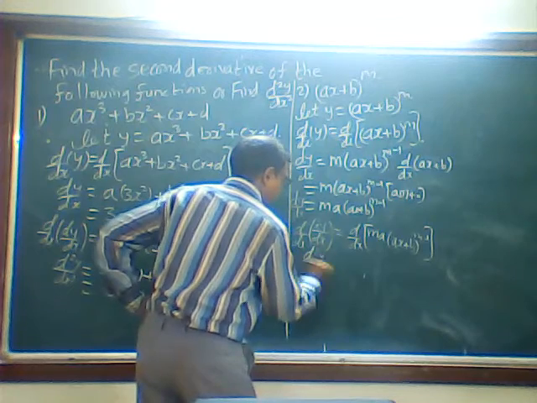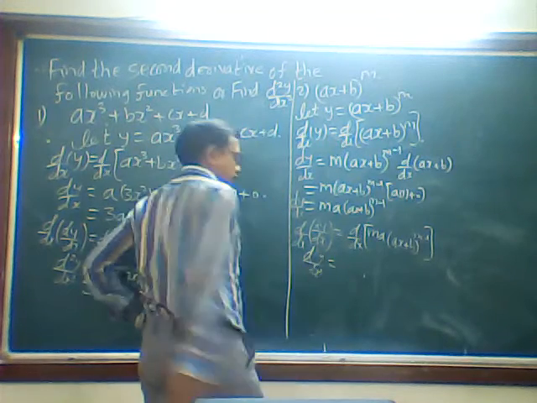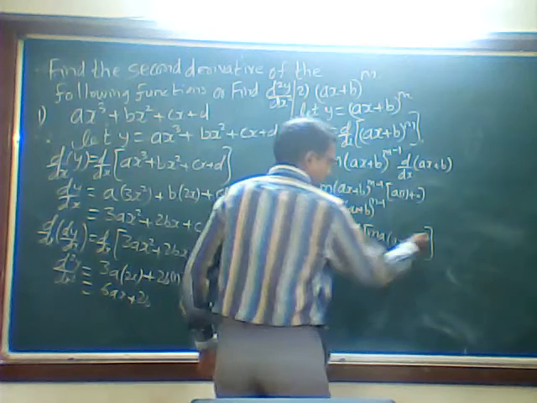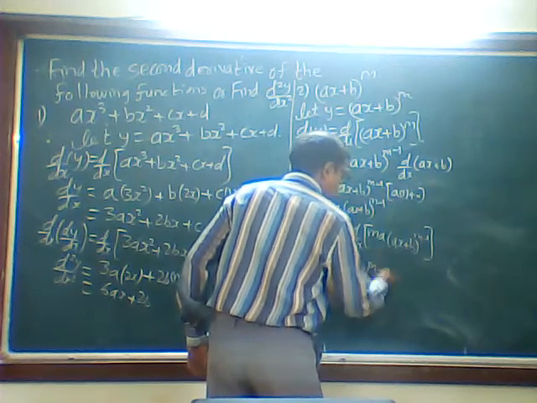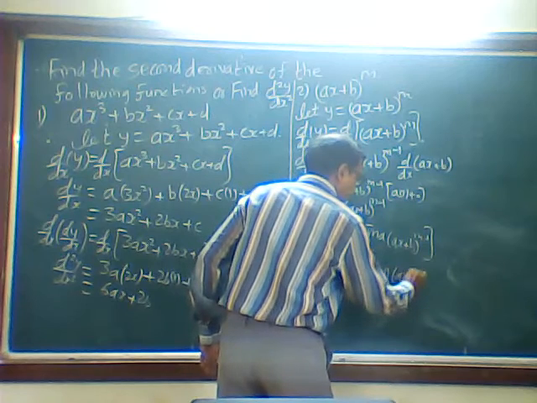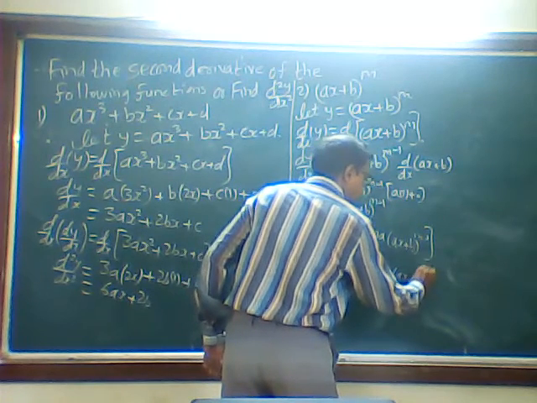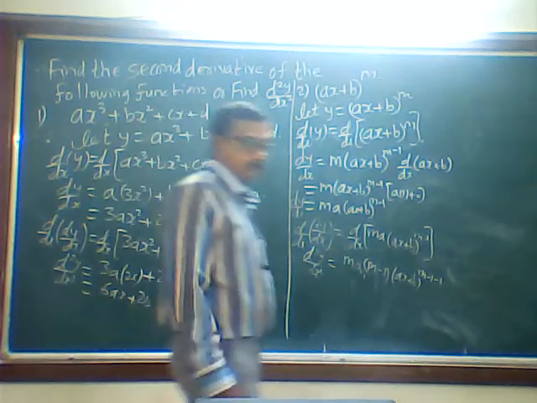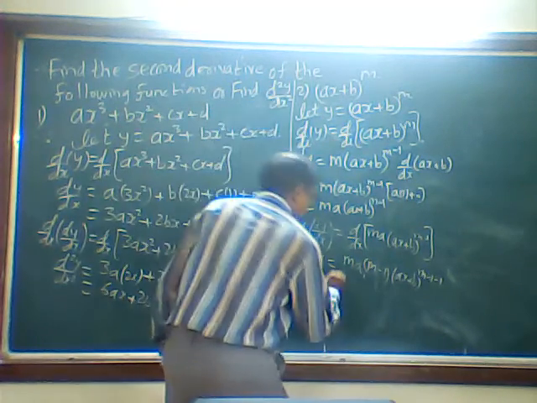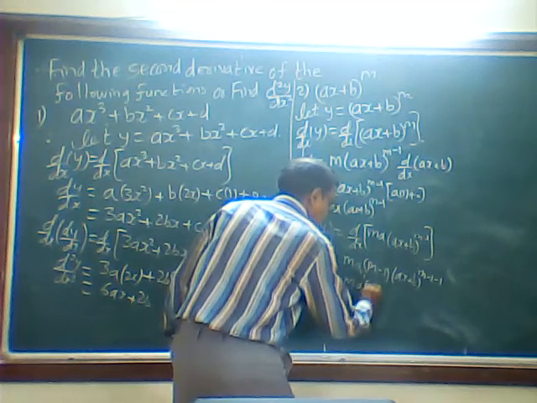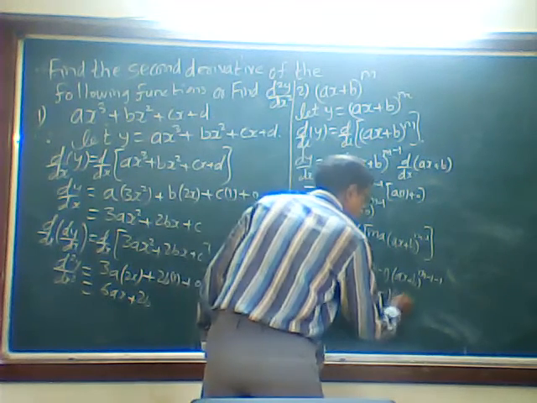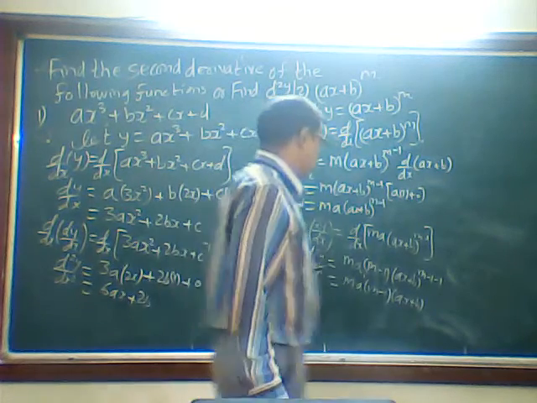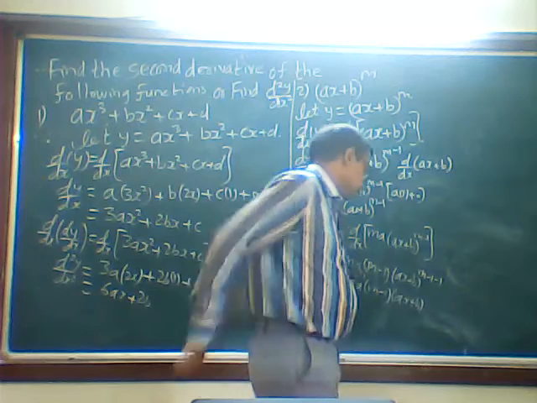So d square y by dx square is equal to, okay, m a is constant, right? This will become m a times m minus 1 into ax plus b raised to m minus 1 minus 1. The power also becomes m minus 2.